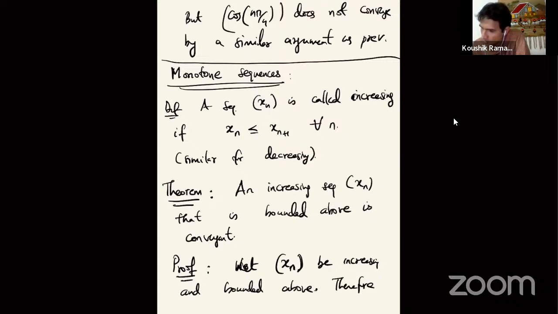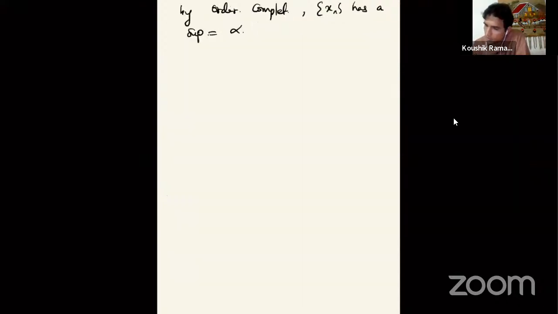By order completeness, the set {x_n} has a supremum. Let's say the supremum, we can call it alpha, and you want to claim that the sequence x_n converges to alpha.